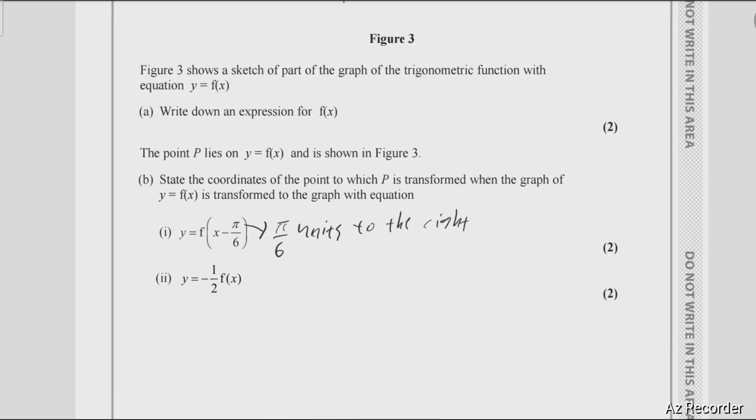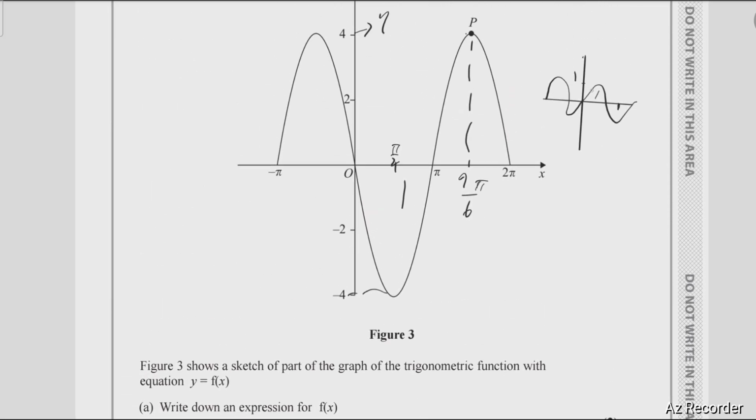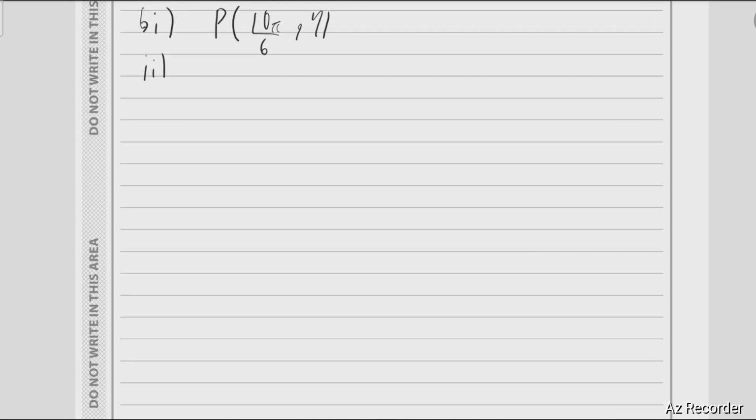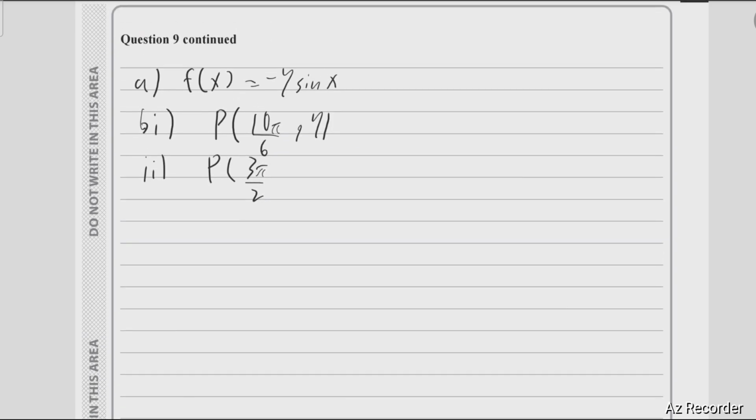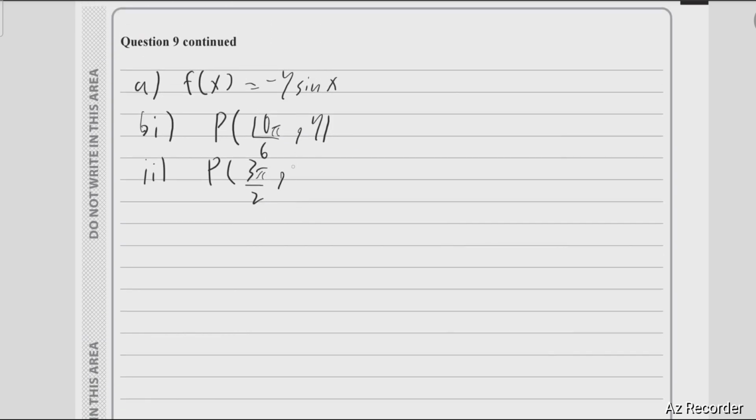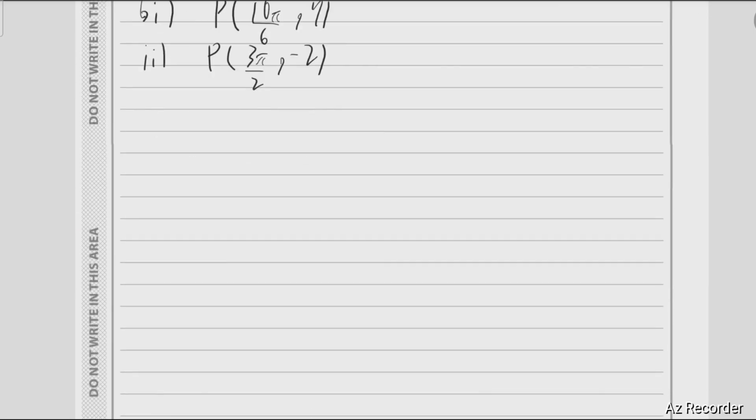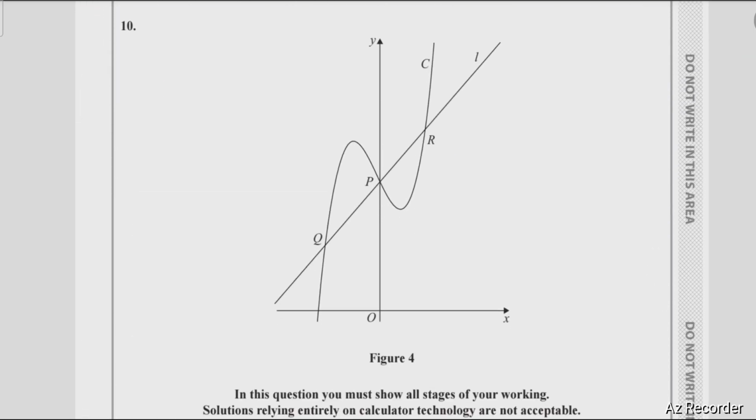So it's gonna return to its original shape like that, and it's gonna be 2 the maximum, not 4 or 1. So P is 3 pi over 2. We are not gonna change anything in the x-axis, and negative 2. Next question.